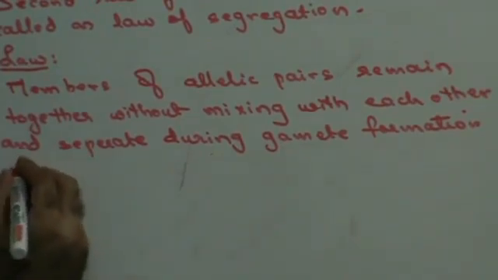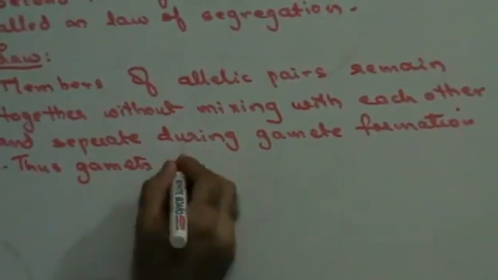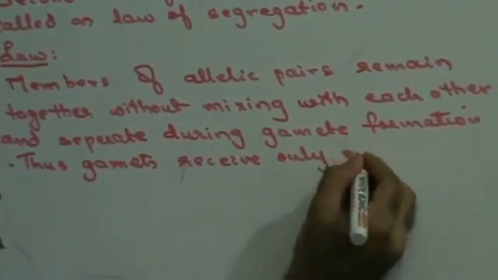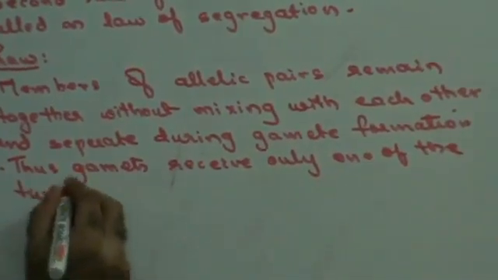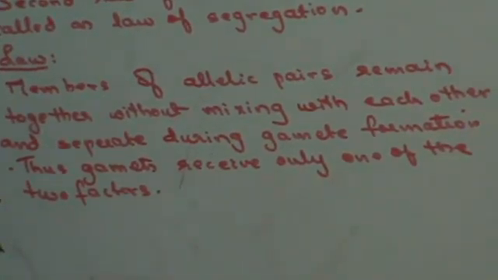So at the point of gamete formation, these members would separate themselves. Thus, gametes receive only one of the two factors. Fine, do we get this thing here? Organisms can be hybrid or pure, but gametes are always pure.